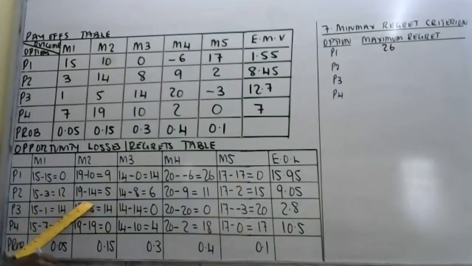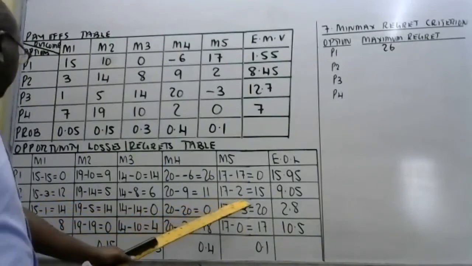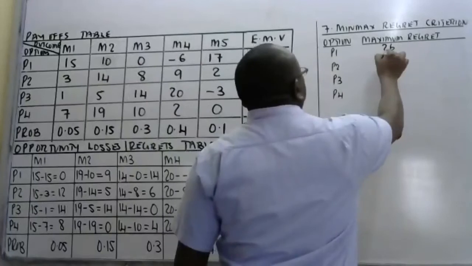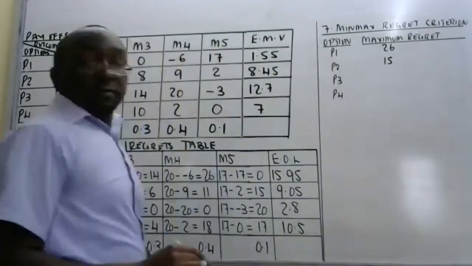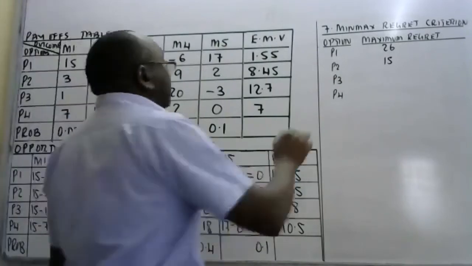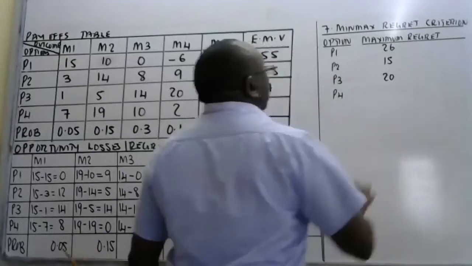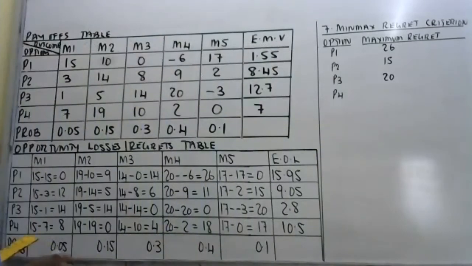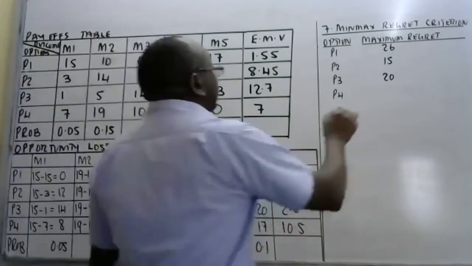P2, the maximum regret is 15. P3, the maximum regret is 20. And P4, the maximum regret is 18.